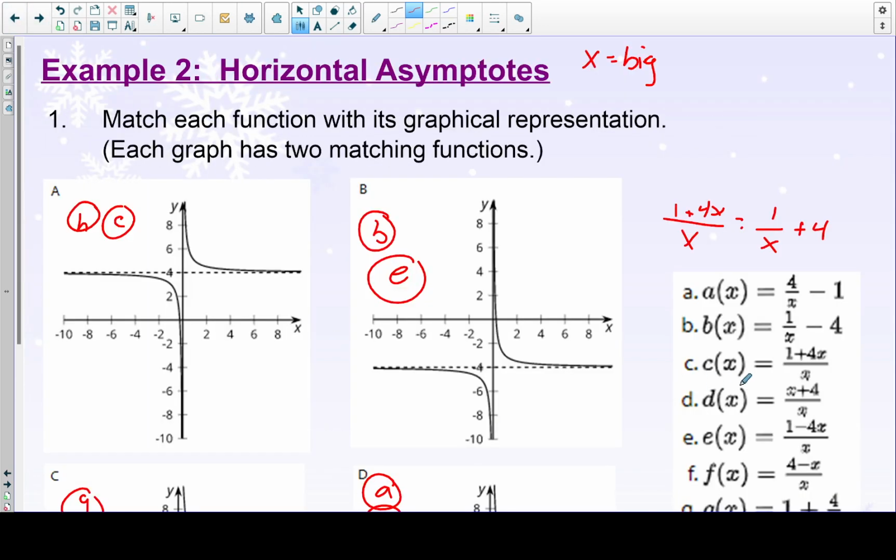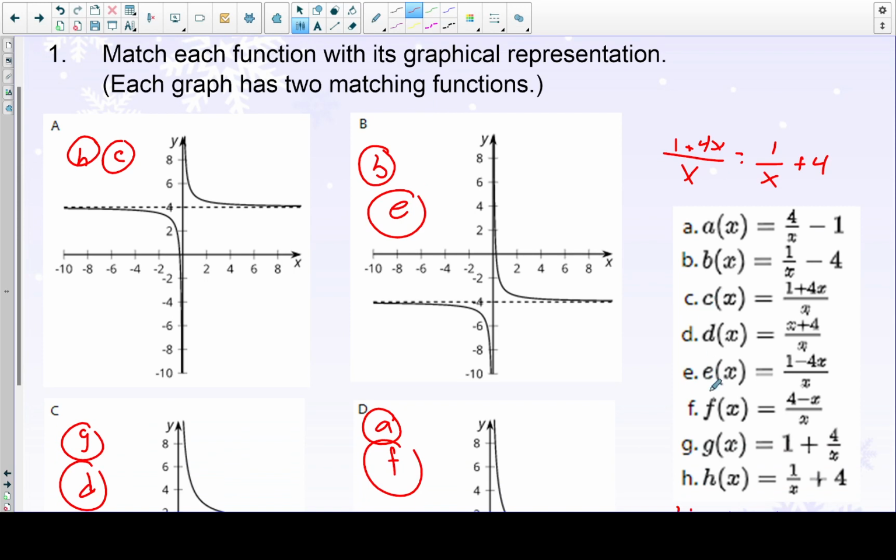One of the things that came up, especially when looking at these functions, C, D, E, and F, because unfortunately, even though these ones were harder to see, these are the ones that you're going to see most often when it's written in a fraction form. Notice that all of these have the same degree. X, X, X, X, X, X. They all have the same degree in the numerator and the denominator, right?